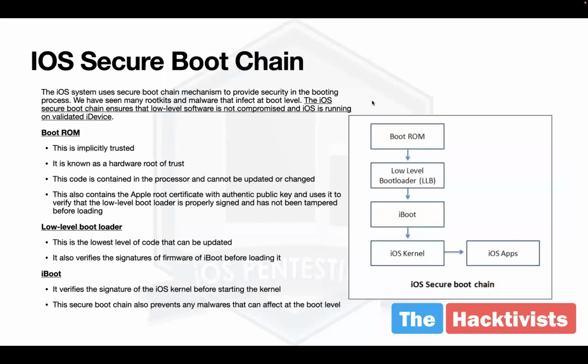Now, the next thing is the iOS secure boot chain. What actually happens here is that all of these security things which we have discussed till now are available at the hardware level itself. We'll be able to go forward and see all of those specific things, and typically they are transmitted from the hardware level to the application level.